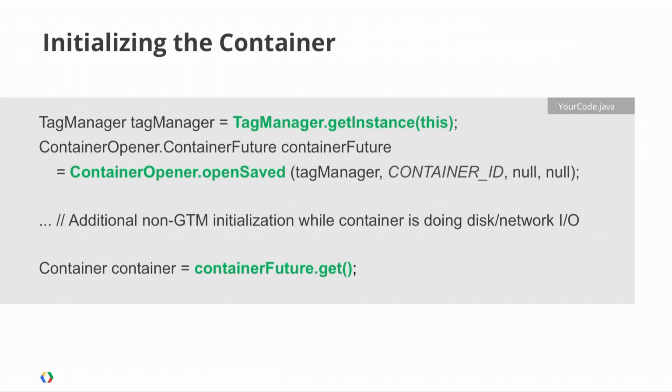What will that do? Well, it'll spawn a separate thread to go and try and read that saved container from disk. Remember that it caches that saved container on disk. And if that container is not there, or if it's older than 12 hours, it'll go out to the network to try and read the freshest version. In any case, while it's doing that, you go along doing your other initialization, and then you call container future.get, which will return back your initialized container.